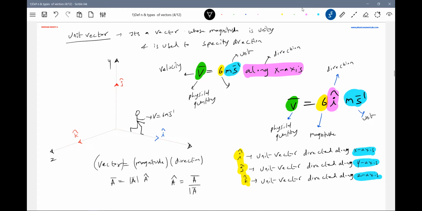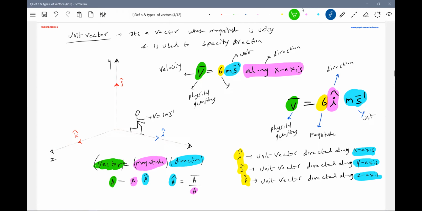I think I'll remove this so that it will be very crystal clear for you. There's the magnitude, this is the direction unit vector, and this is the vector. How do you define a unit vector? A vector divided by its magnitude becomes the unit vector.